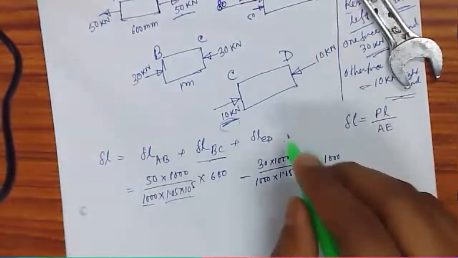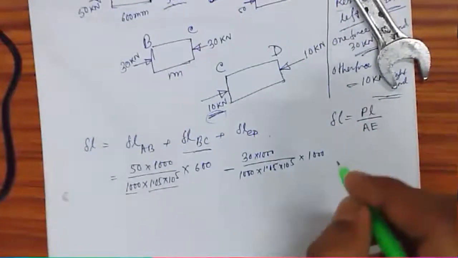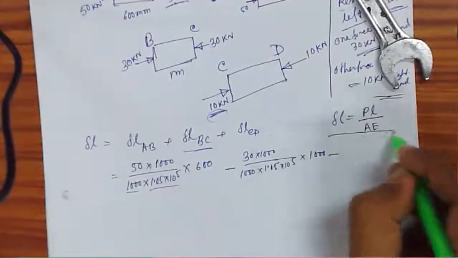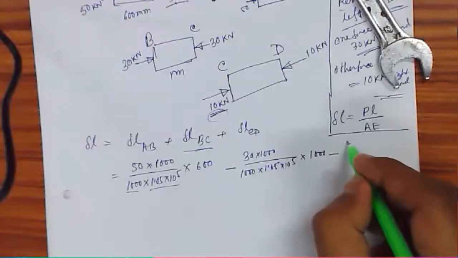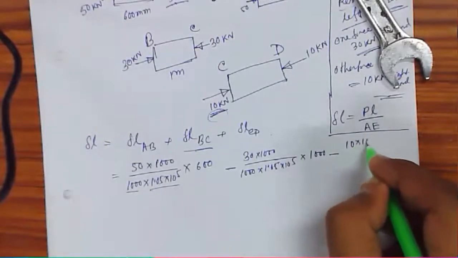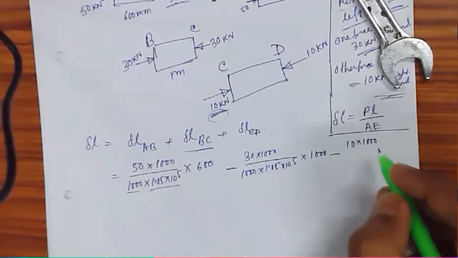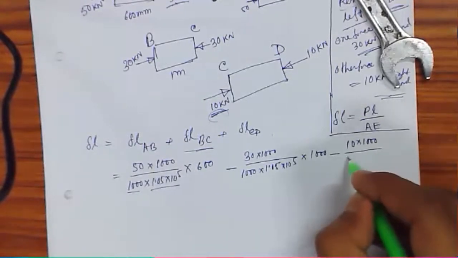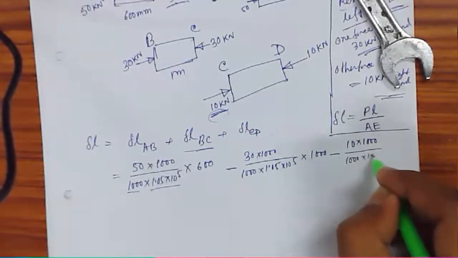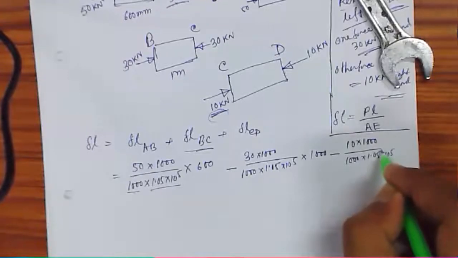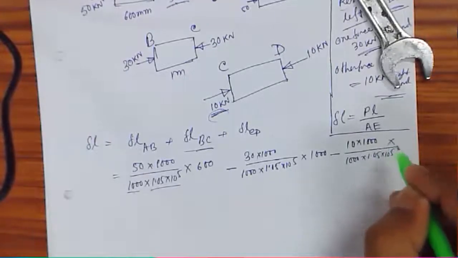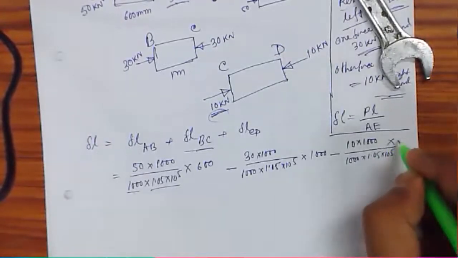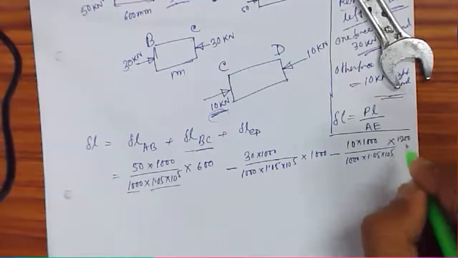Now again on CD this is also compressive, so again negative sign, and that will be 10 into 1000. We convert it into Newton by 1000 into 1.05 into 10 to the power 5 into 1.2 meter. So it will be 1200.